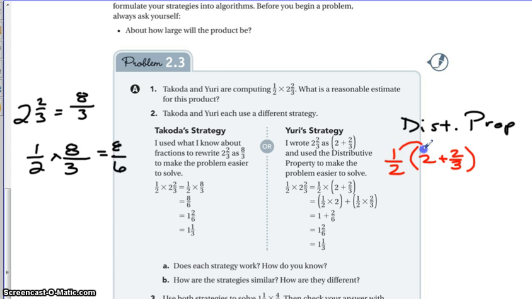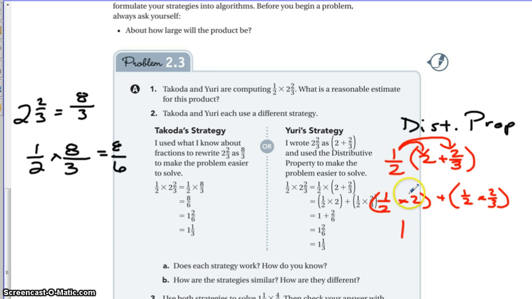So we would distribute the 1/2 to the 2 and to the 2/3, and we would get a new problem that looks like 1/2 times 2 plus 1/2 times 2/3. So we are simply using the distributive property to help us solve.